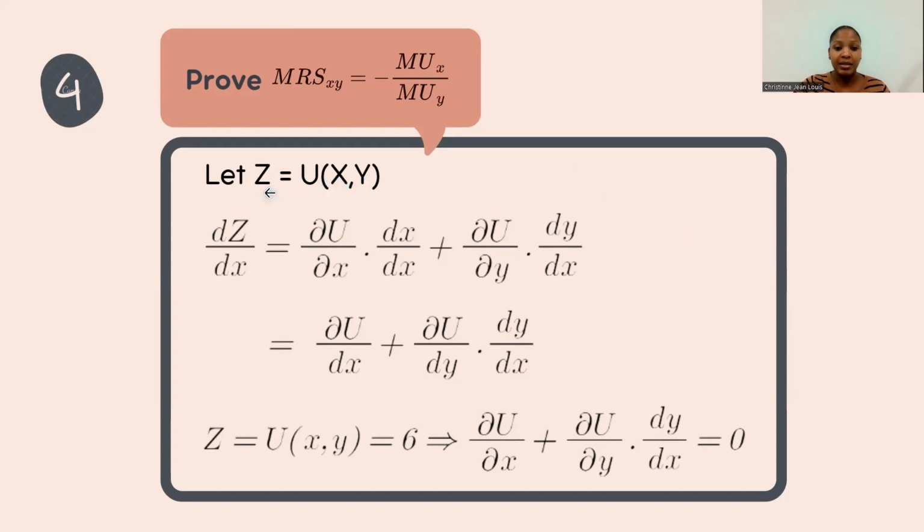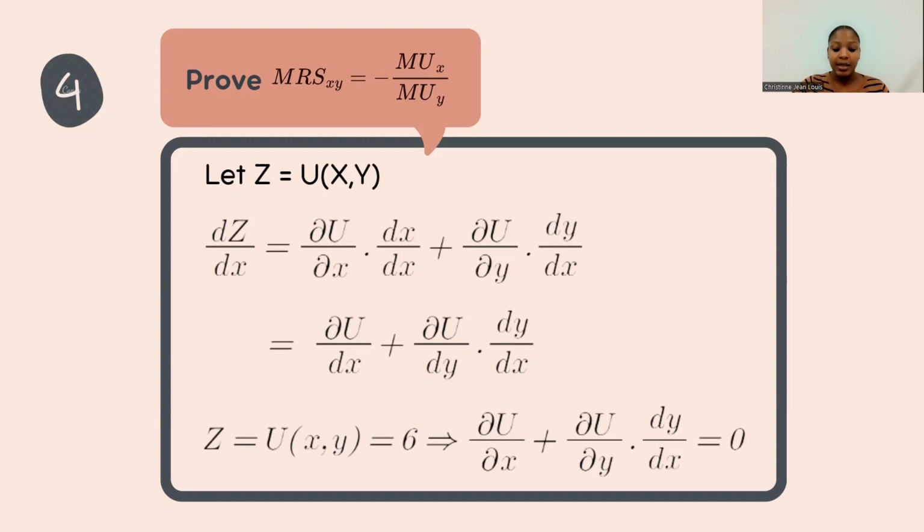We will let z be the utility function of XY. Using implicit differentiation for the partial derivative, we can see that dz over dx equals the partial derivative of U over the partial derivative of X times dx over dx, plus the partial derivative of U over the partial derivative of Y times dy over dx.